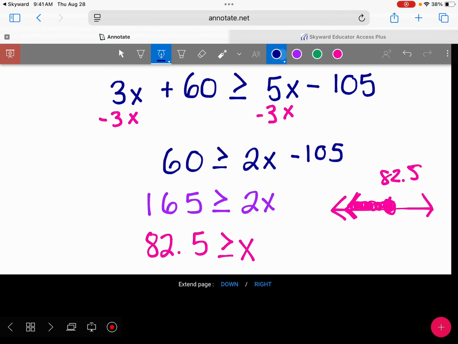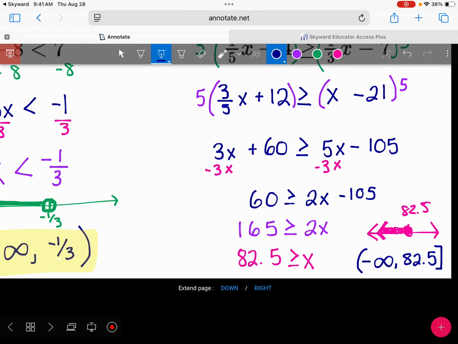So our interval is going to go from negative infinity up to that 82.5 or 165 over 2. I do not care if you do it as decimal or fraction. We're going to have our square bracket on our 82.5 and a parenthesis on our negative infinity.